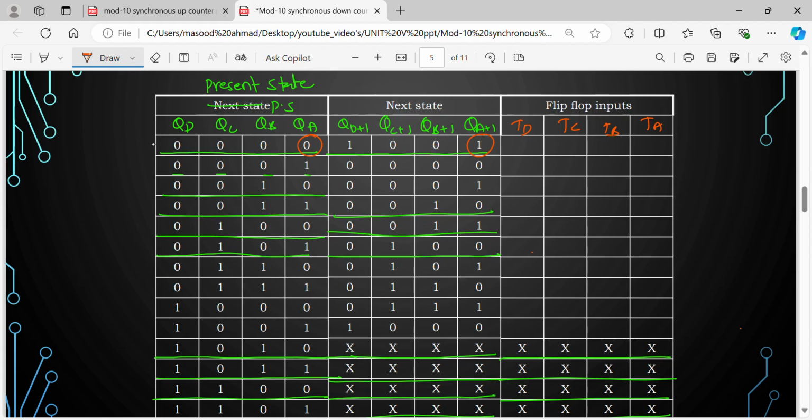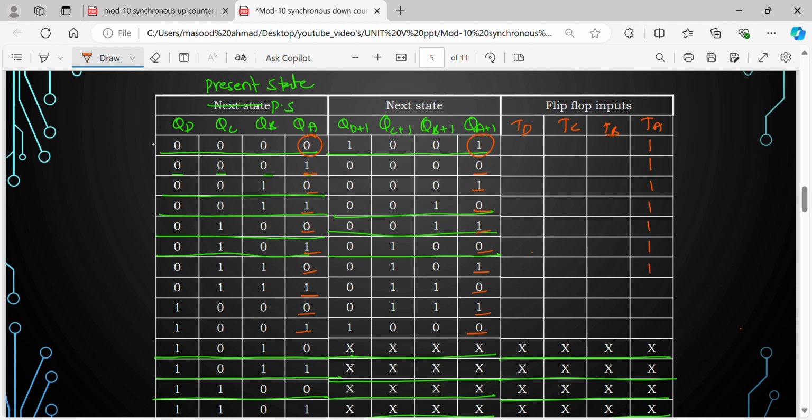So when comparing 0 with 1, it is 1. Now you have to compare this 1 with this 0, this 0 with this 1. Every time it is 1 0 or 0 1, so all my TA values are 1s.